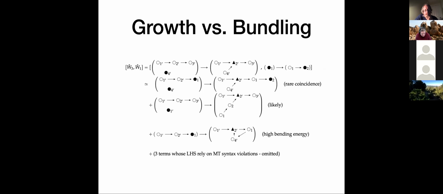And if we had other rules that impose probability based on a Boltzmann factor involving bending energy, then that would be very unlikely to happen. And then the one that's likely is the one in the middle that says, first the colliding microtubule grew and then it hit. And that's the commutator. That's the difference between the two.